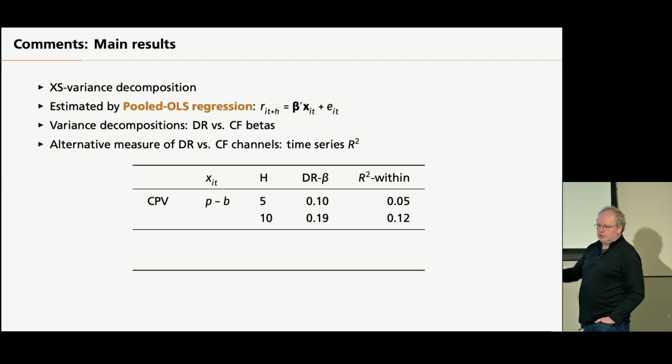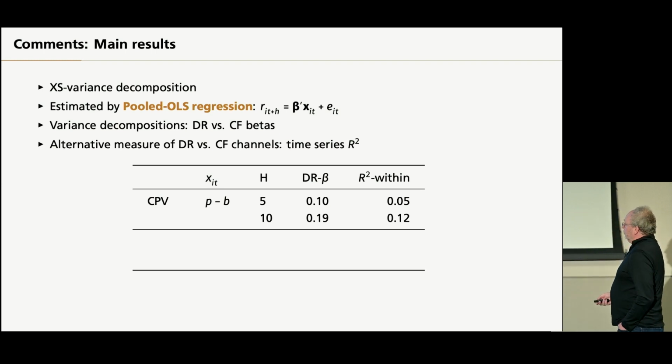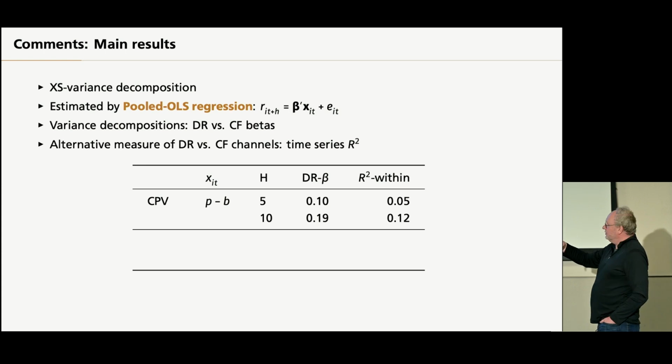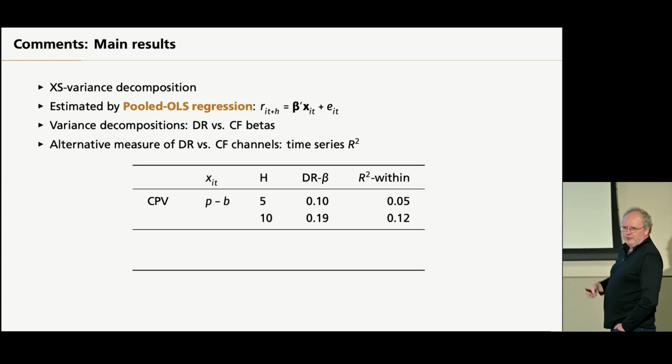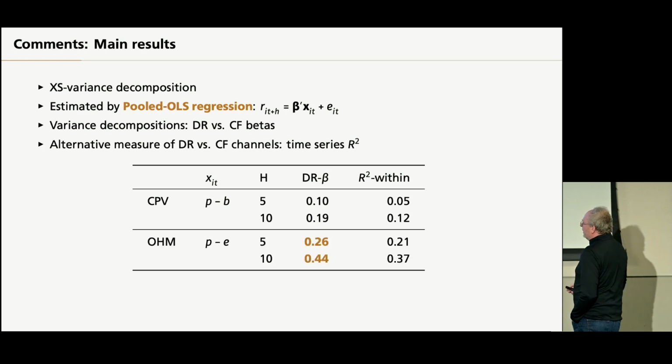That's the Cohen et al. paper. You find that at different horizons, these discount rate betas are not that large. It's like 10%, 20% in terms of the variance. Or if you look at the R square out of the pooled OLS regression, you get like 5 to 12%. So this is the old conventional wisdom.